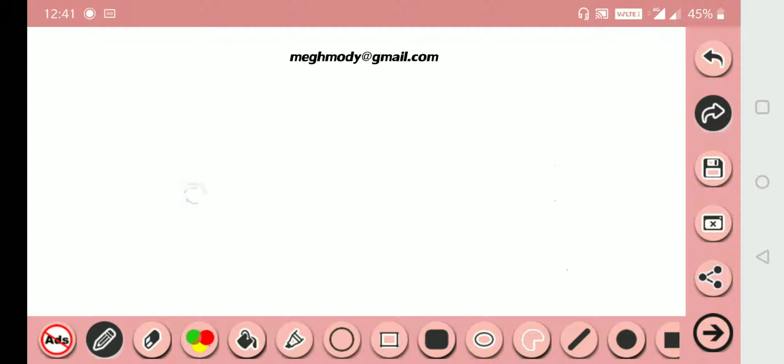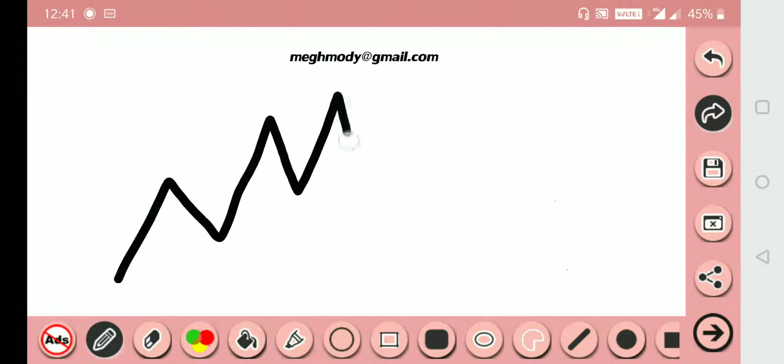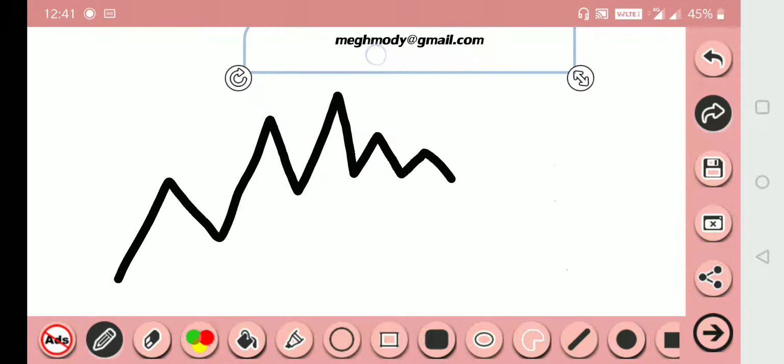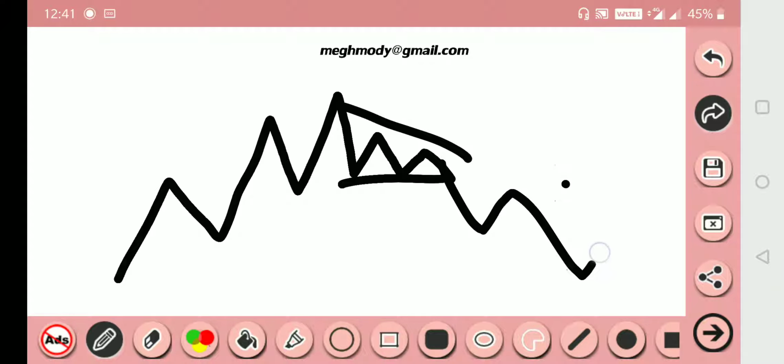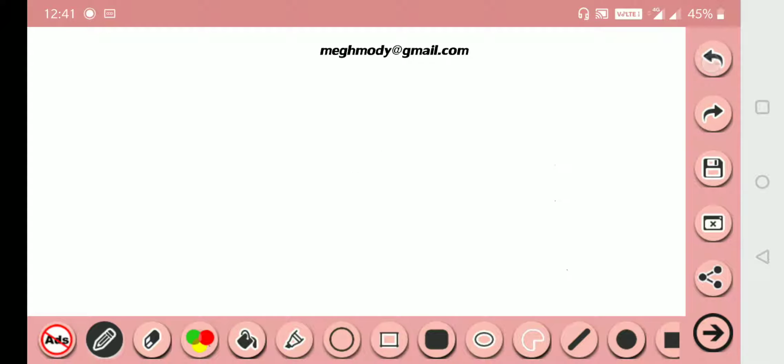Similarly, at the top, you will see something like this, so you need to draw a triangle. It moves down and it reverses back this way.